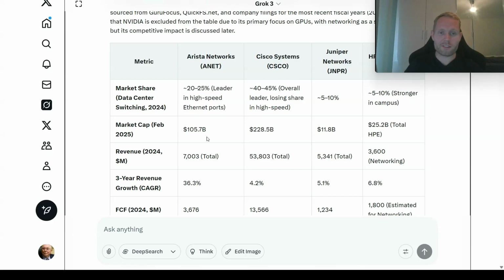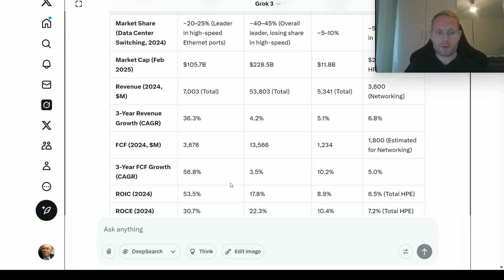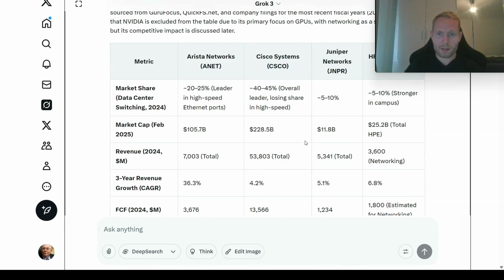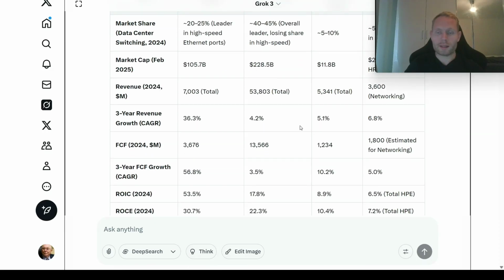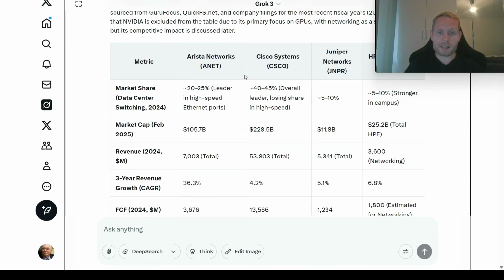Obviously, Arista is the fastest grower compared to these three, but it's a little tougher compared to Nvidia. And the growth in free cash flow is much stronger. Return on invested capital and return on capital employed are obviously much stronger than these three. So just looking at these quickly, we can see that Arista is a much better company.